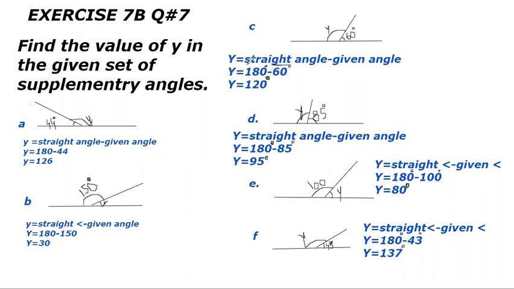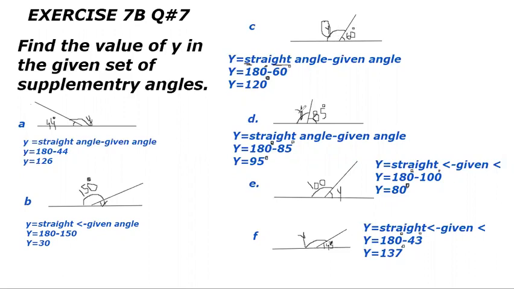S for straight and S for supplementary. And you know that straight angle is always equals to 180 degree. 180 minus 60 will give us 120 degree. It means that this unknown angle y is 120 degree. Now if you add 120 in 60 degree, it will give us 180 degree.